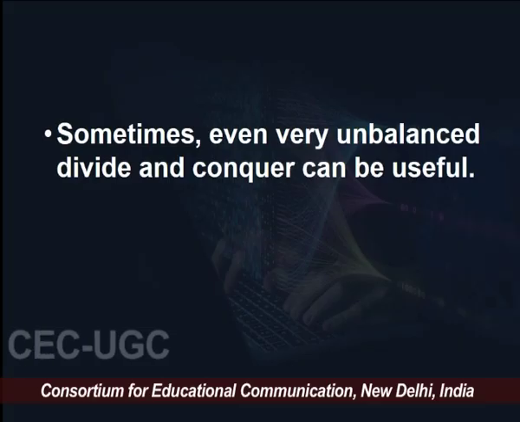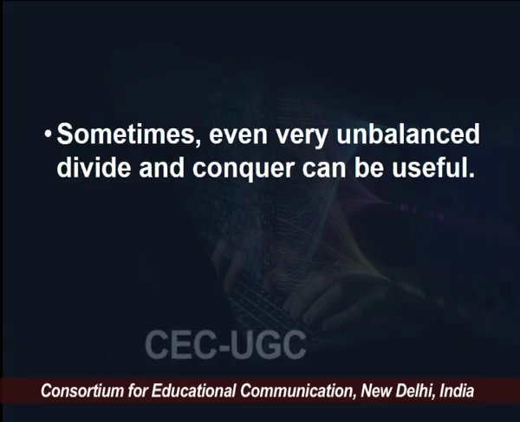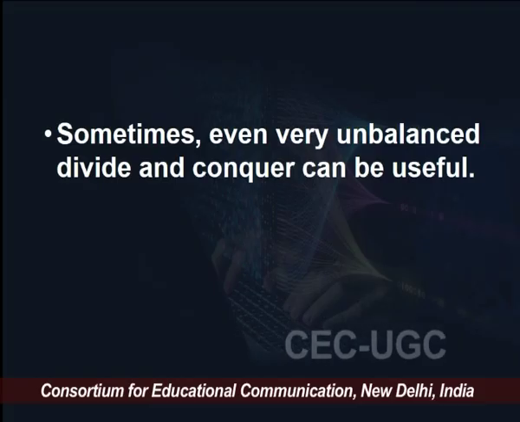So, from here we have understood that even very unbalanced divide and conquer is very useful when we talk about time complexity. With random data, there will usually be a mix of good and bad splits throughout the recursion tree, and a mixture of worst case and best case splits is asymptotically going to be the same as the best case.